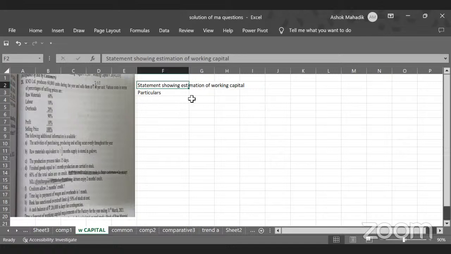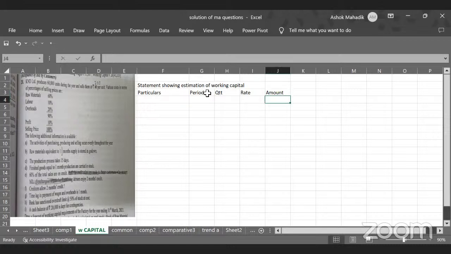First of all, you have to make a format of solution. Format is like particulars, period, quantity, rate, and amount.